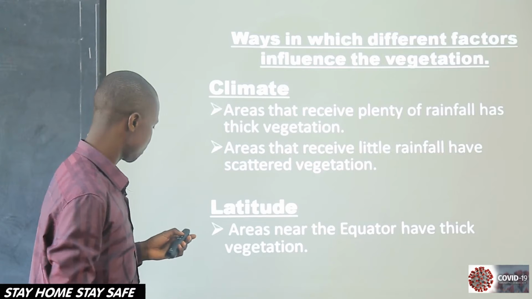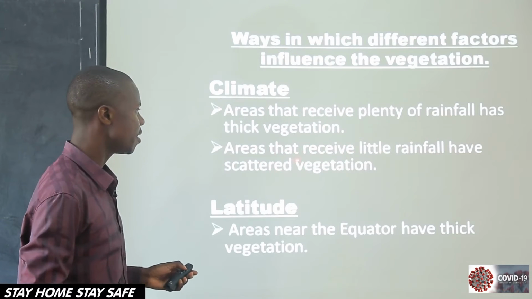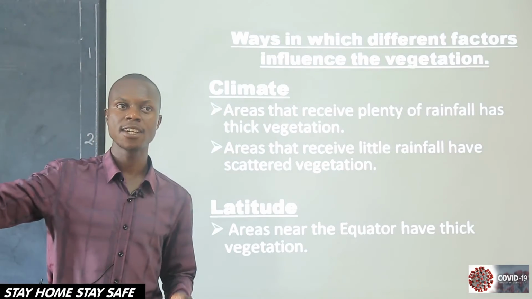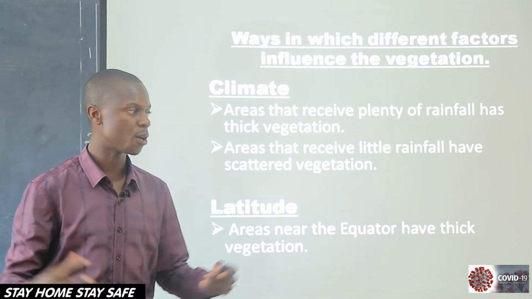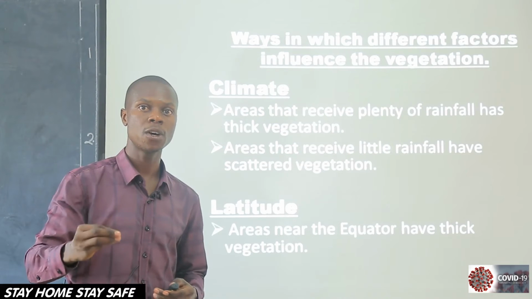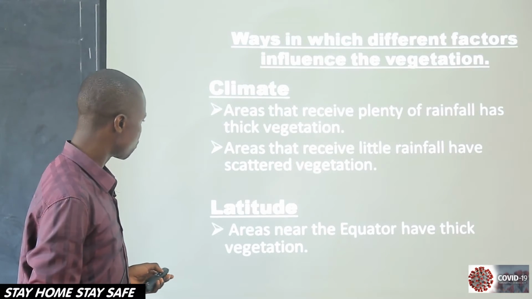Areas that receive little rainfall have scattered vegetation. You find one tree here, you move miles, you then get another one. So such vegetation is not in the same place for areas that receive little or no rainfall, okay?